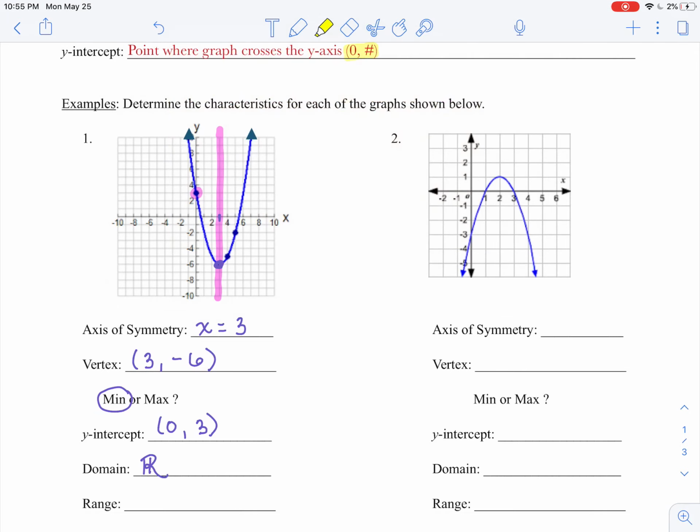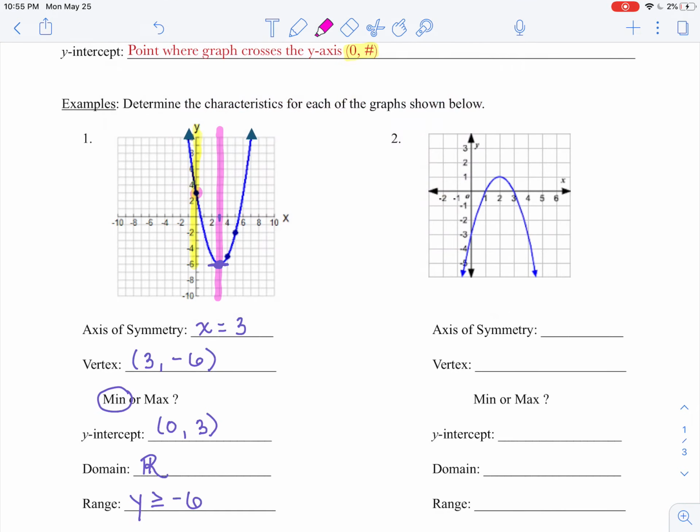So in this graph, the y values go as low as -6, but they never go past -6. If I look at the possible y numbers, the lowest y value, our minimum point, is at -6. Everything else is above that. So our range is going to be the y values greater than or equal to -6.